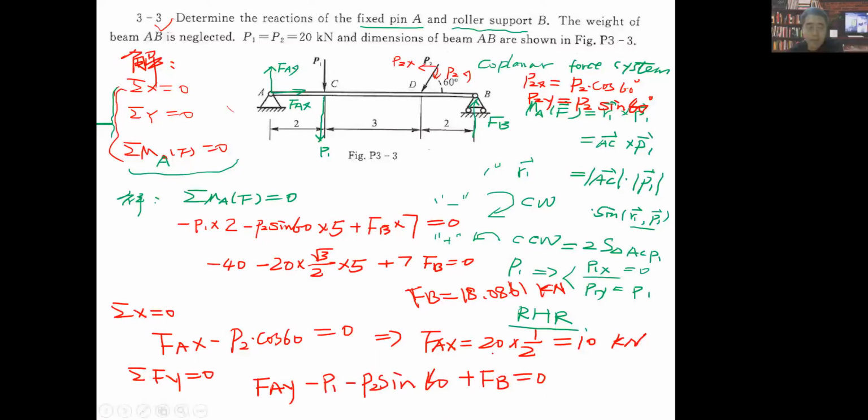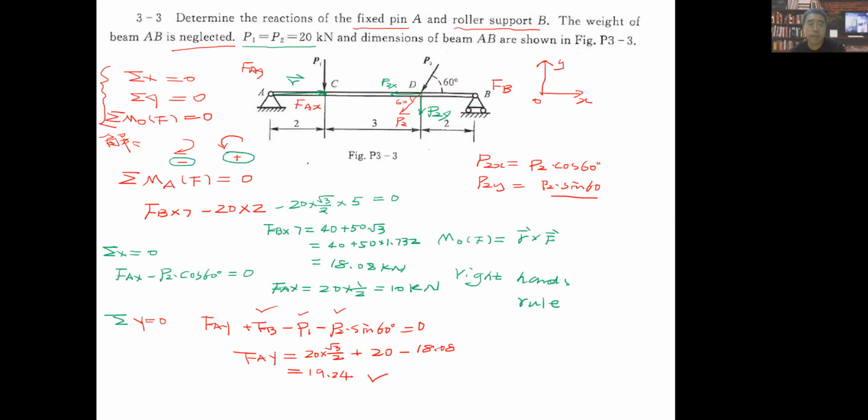You see? When you use this final equation, sigma Fy equals 0, you will find we have known the value of FB. P1 and P second are both 20. So we can easily find this FAY, right? That's the whole answer of this question.